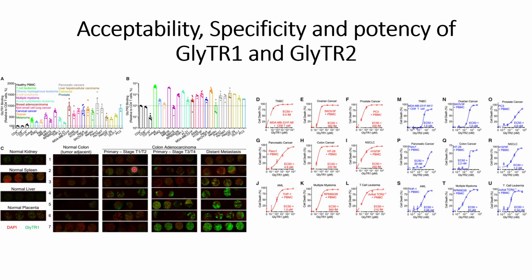And we can see that as the tumor progresses from primary stage T1, T2 to primary stage T3, T4 to distant metastasis, they are able to see an increase in the FITC fluorescence, compared to the very faint green FITC fluorescence in the normal colon.